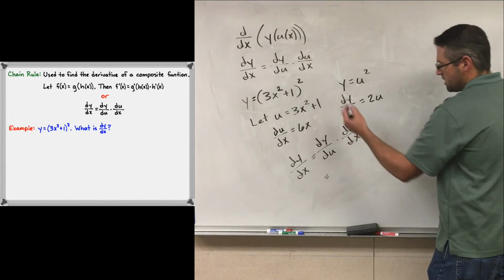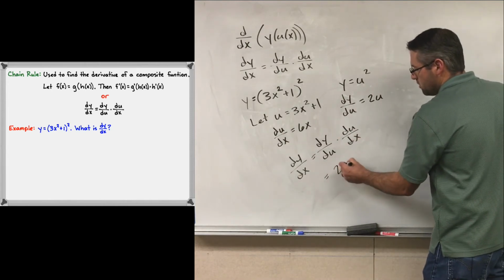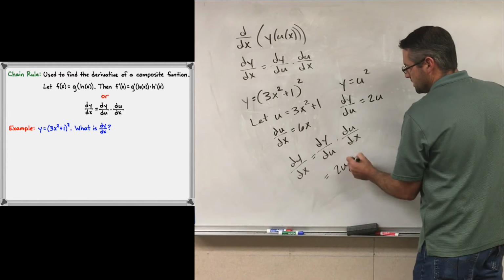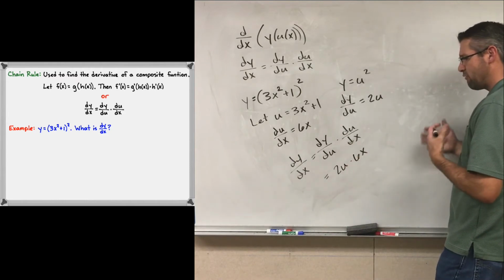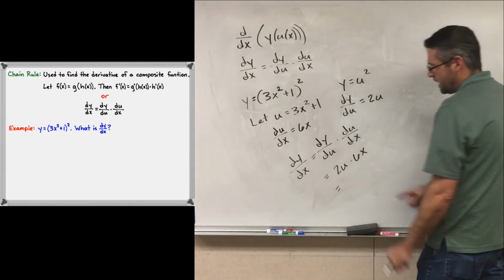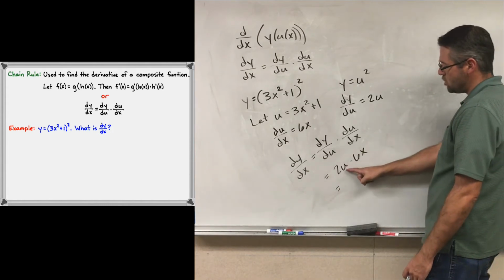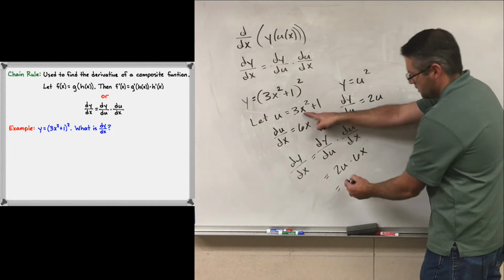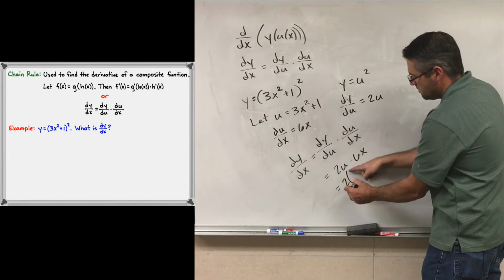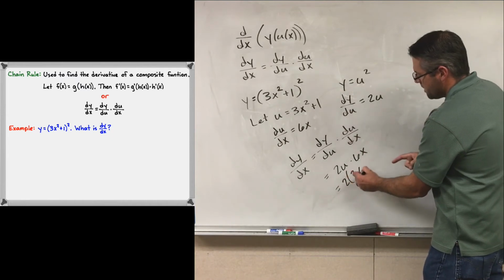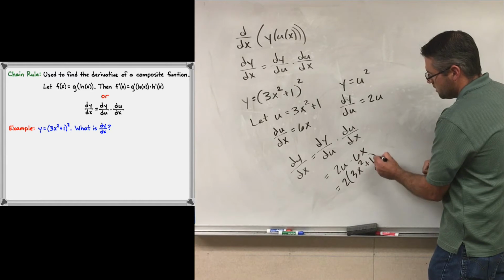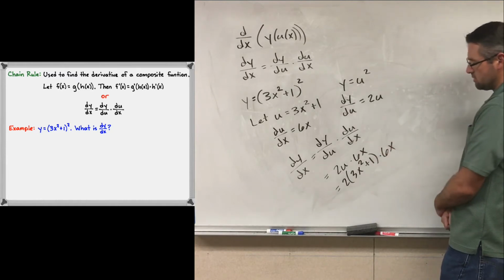So I can just substitute now. dy du is 2u times du dx is 6x. Now from here, we don't want any u's in here because we want the variable to be x. So we're going to take u and plug it back in. So this will say 2 times 3x squared plus 1 times 6x.